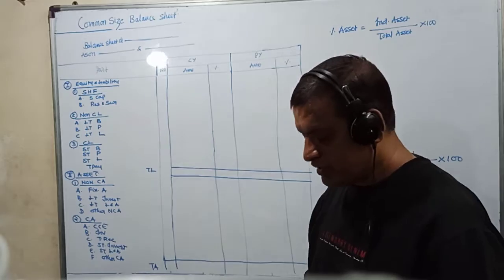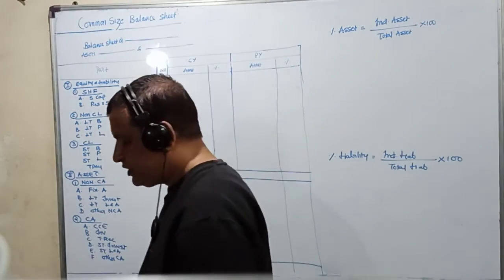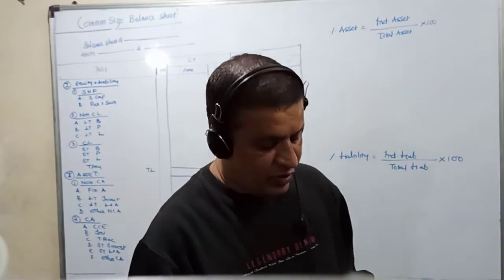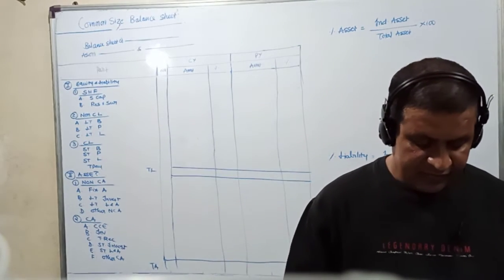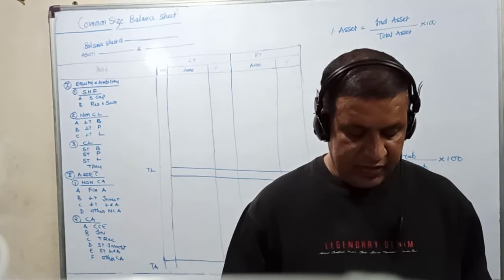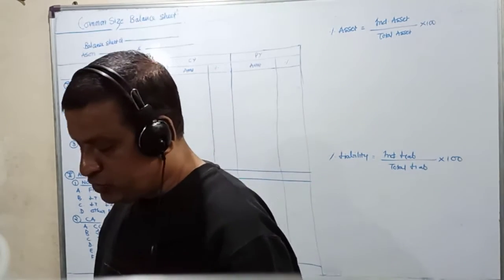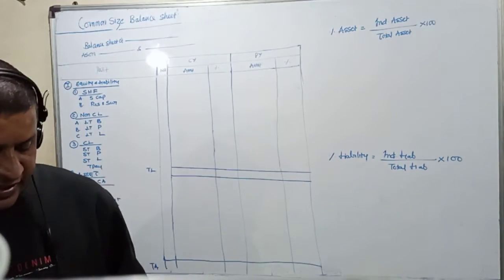So first we have to identify the transactions, and now come to the years. 31/3/2013 is the current year, and 31/3/2012 is the previous year.